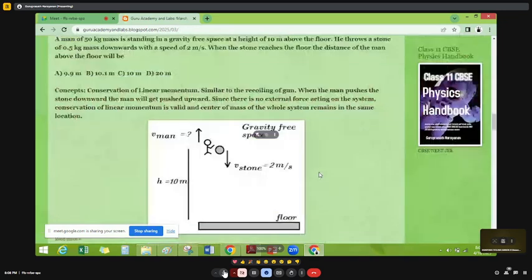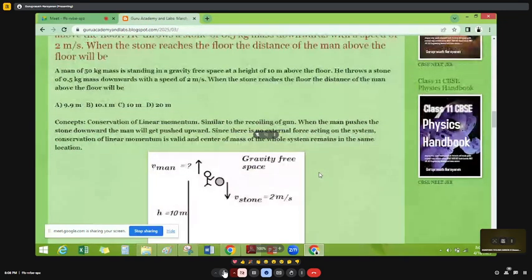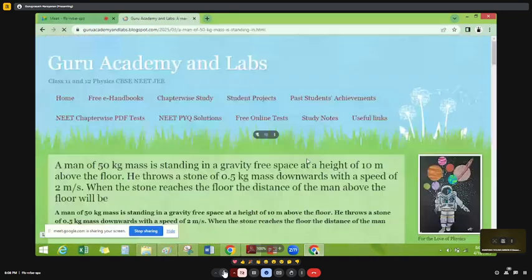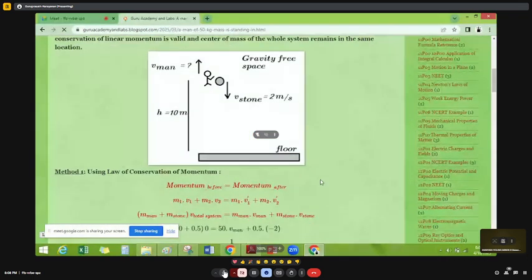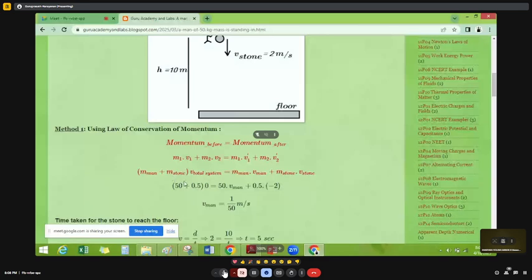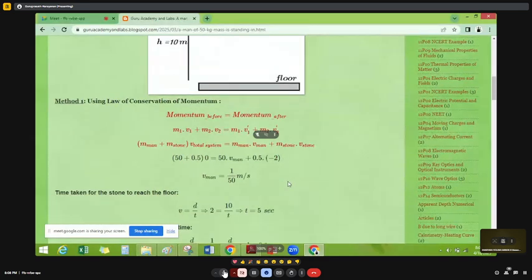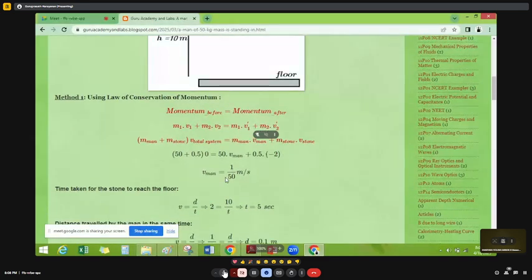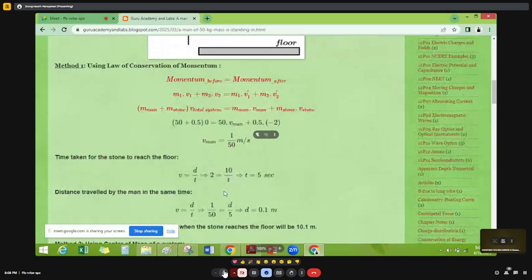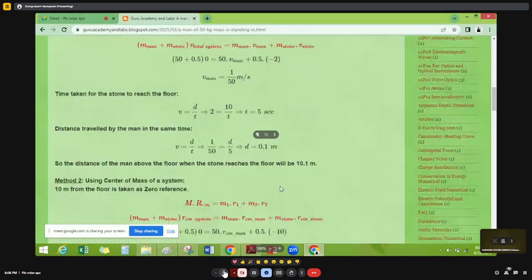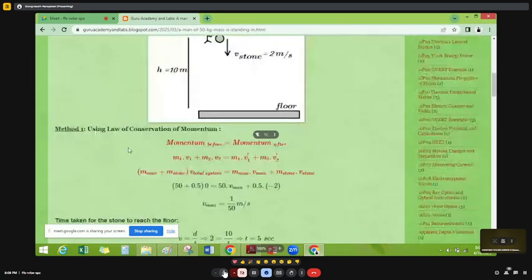So it's the same problem. Momentum before should be equal to momentum after, right? So we got these things. So 10.1. So this is method 1.